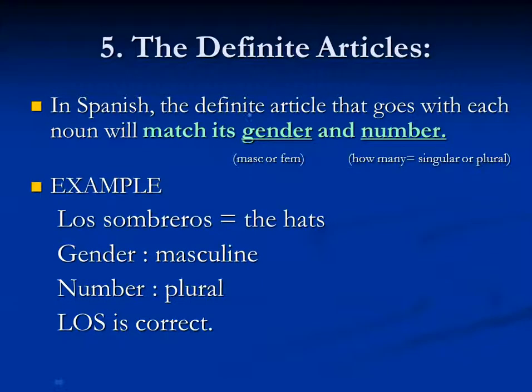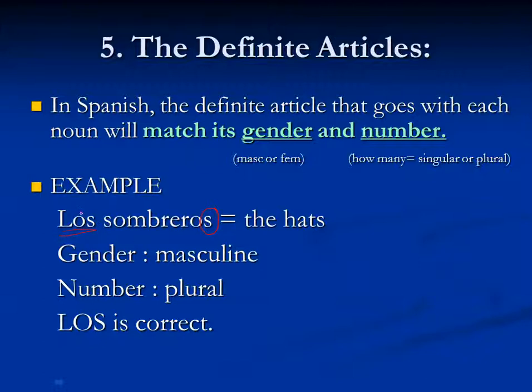So in Spanish, the definite article that goes with each noun will match its gender and number. So the gender is masculine or feminine. Number means how many. Is it singular or plural? So here's a few examples. We got los sombreros. Here we got the number. We know that's plural because it's got los here, and it also has an s on the end of it.